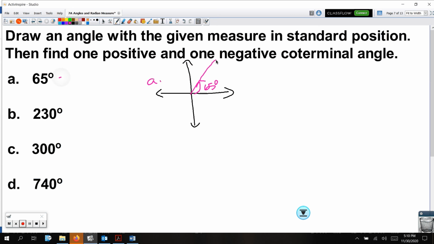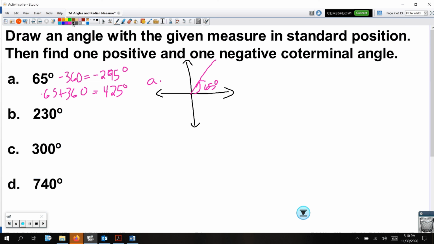So 65 minus 360 is negative 295. And 65 plus 360 is 425. So 425 degrees and negative 295 degrees.